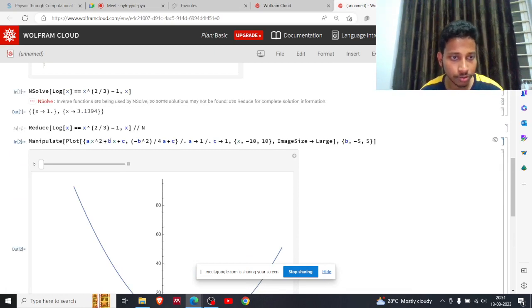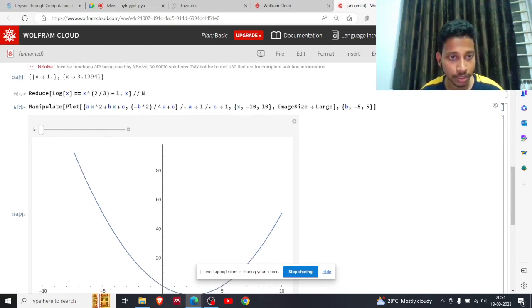So a x square plus b x plus c is a general quadratic equation, and minus b square by 4a plus c is the minimum value of the equation, as you can turn this a x square plus b x plus c into a perfect square, and then you will have an extra term that will be this one.